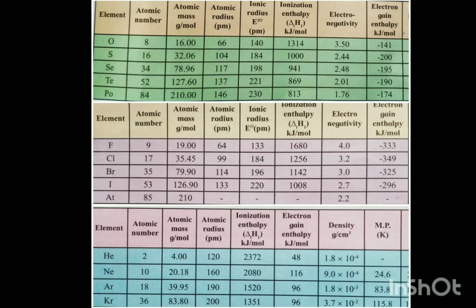In groups 16, 17 and 18, you can see in this chart that atomic and ionic radii increase down the group.